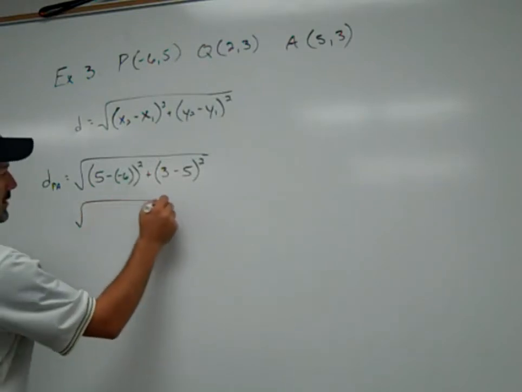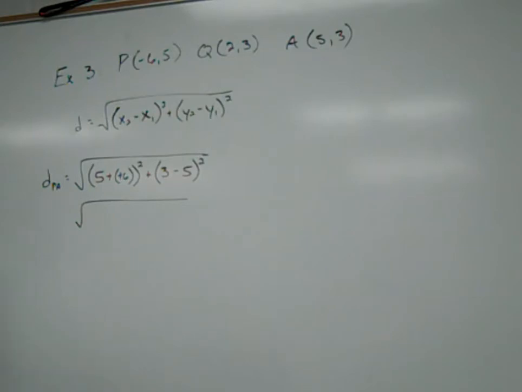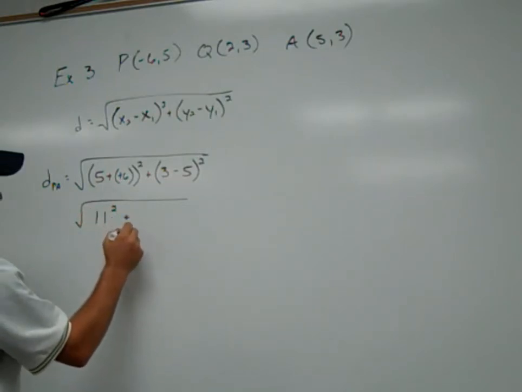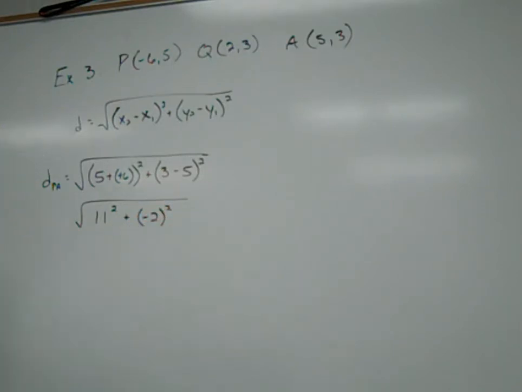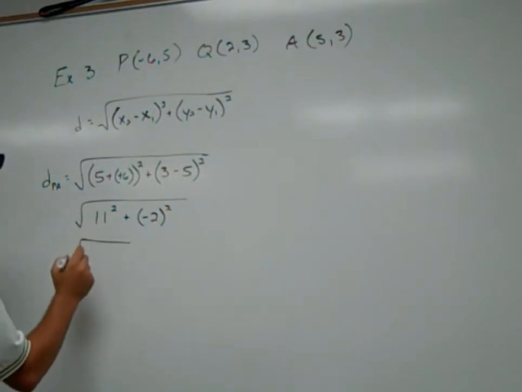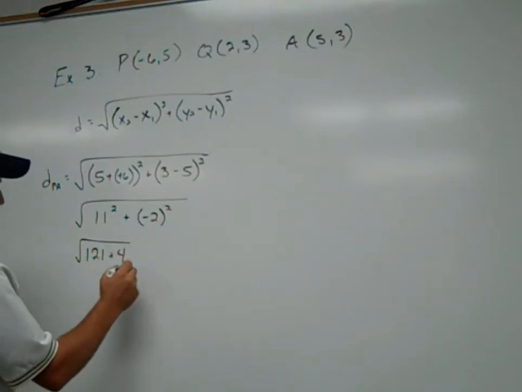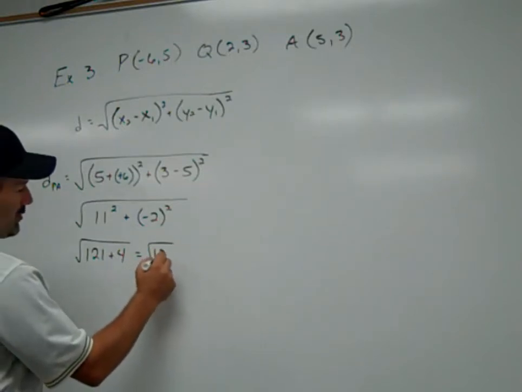Simplifying this, we know again, subtracting a negative is the same as adding, so now we have 11 squared plus negative 2 squared. Simplify that. 11 squared is 121 plus 4, and that gives us that the distance of PA is the square root of 125.